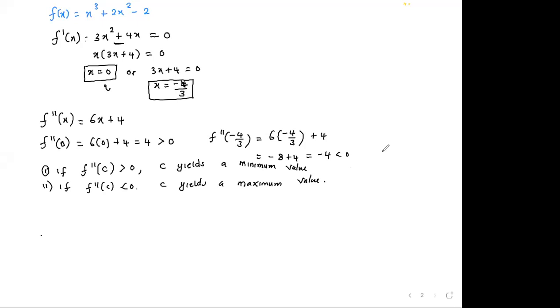So what we need now is to pick the numbers. We have already picked the numbers and we have seen that x is equal to 0 yields a minimum according to the test, and x is equal to -4/3 yields a maximum.